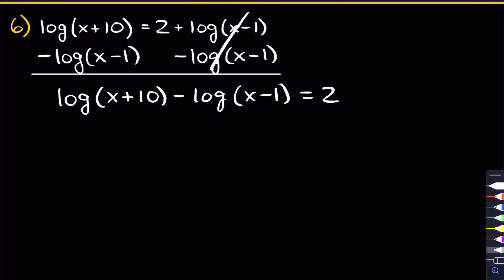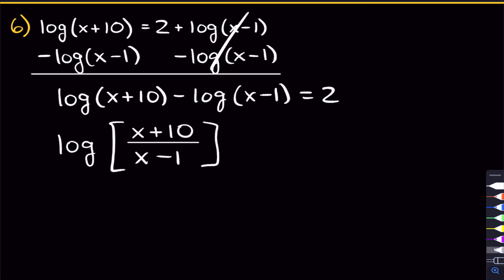So now that we have all of our logs on the same side, we can combine them into one log. These logs are being subtracted, so this is a little bit different than what we've been doing. We're still going to combine it all into one log. The only difference is, since they're being subtracted, we're going to divide the arguments this time. And so we get x plus 10 divided by x minus 1, and that is equal to 2.